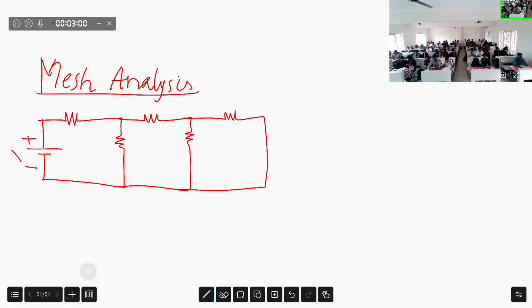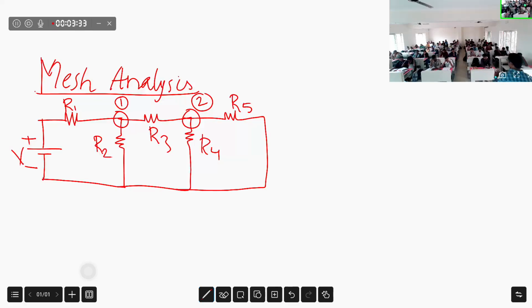This is my voltage source V. For example, just consider this is R1, R2, R3, this is R4, this is R5. So this is my node 1. Why is it considered a node? It is the interconnection point of three different branches. Similarly, another node is there. This is node number 2. Here also R3, R4 and R5 branches are interconnected. Right? So what is our title today?